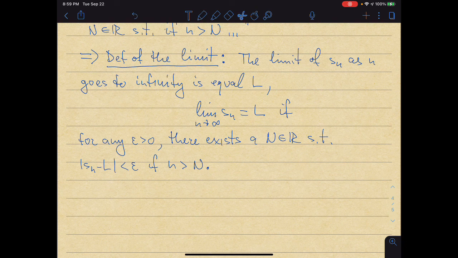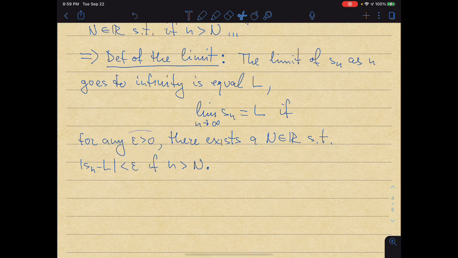So for any accuracy epsilon, I can make Sn closer than epsilon to L by doing what? By taking n sufficiently large, or n bigger than capital N. So for any epsilon, there exists a capital N. If I make epsilon smaller, capital N is going to be bigger.